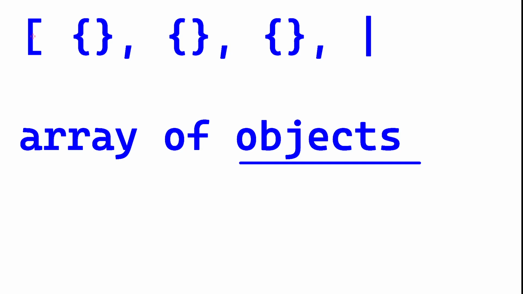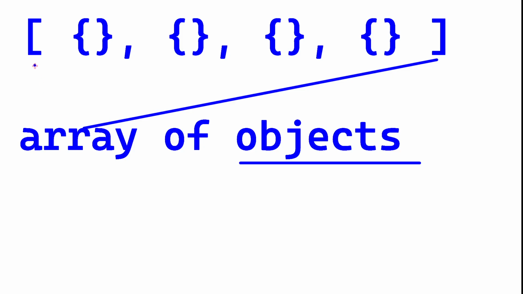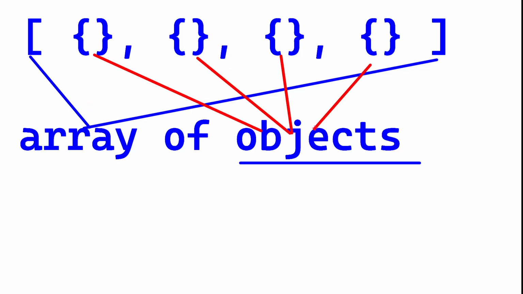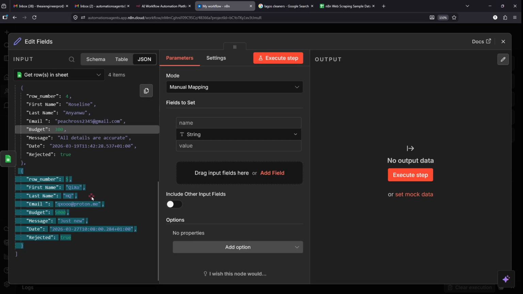So we would call this an array of objects, because everything inside it is an object, separated with commas inside the square bracket. So this is called an array of objects, and that's the way the JSON data in n8n is right now. Okay, so I think that is now well understood.